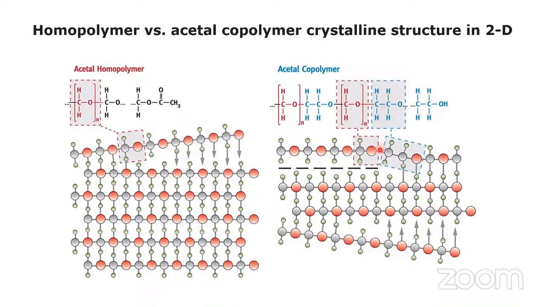Due to that, your structure will change in your whole polymeric system. So your acetal homopolymer is more crystalline than your acetal copolymer. This is the first difference between your homopolymer and copolymer systems. Have you observed this?